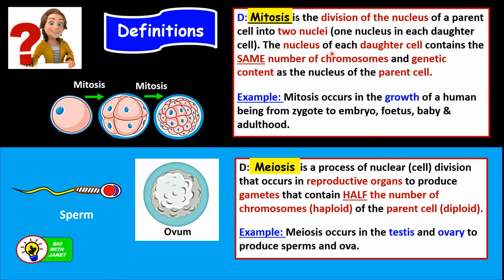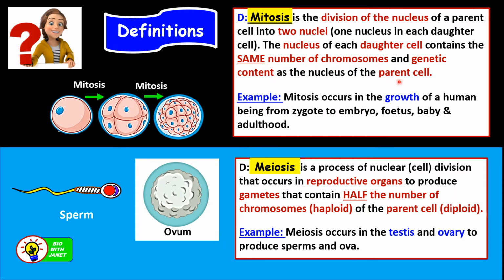The nucleus of each daughter cell contains the same number of chromosomes and the same genetic content as the nucleus of the parent cell. Okay, so we can say the nucleus of the daughter cell is genetically identical to that of the parent cell in terms of the number of chromosomes and the genetic content.